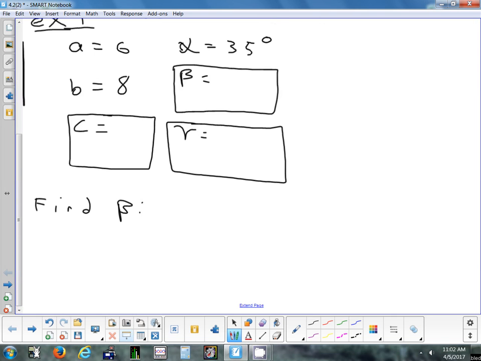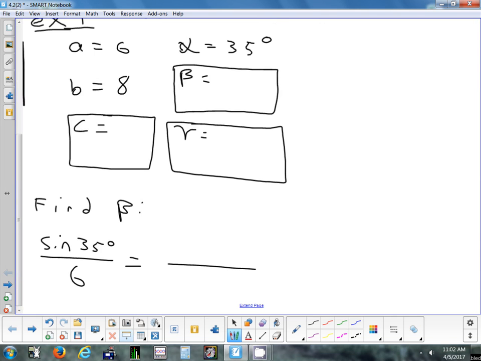So we're going to find beta. Marcos, what row am I going to use to find beta? I'm going to use this row a lot. Yeah, I got to use the first one because it's the only row that has everything in it. Can you set that up, Marcos, on the left side using row 1? Sine 35 over 6. Yep, perfect.